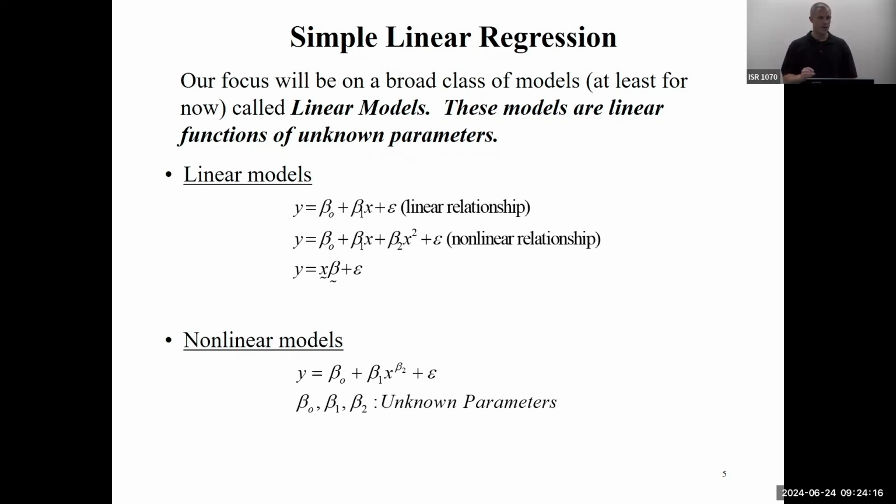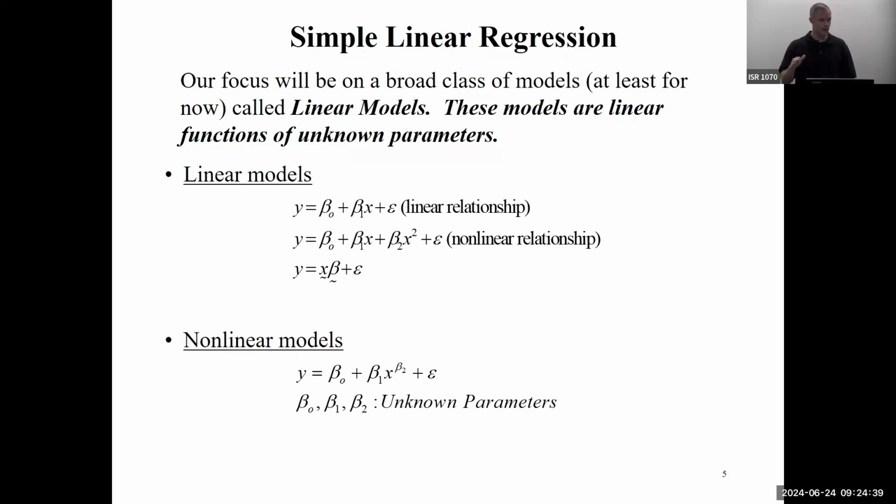We can also write down a linear model that defines a non-linear relationship between x and y. So it's important to keep that straight, okay? That second equation is still a linear model. The dependent variable is a linear combination of regression parameters and values on the predictors.